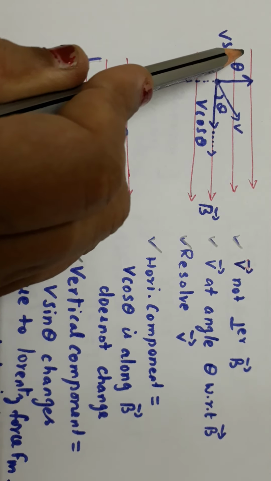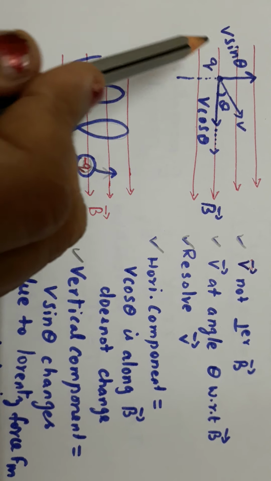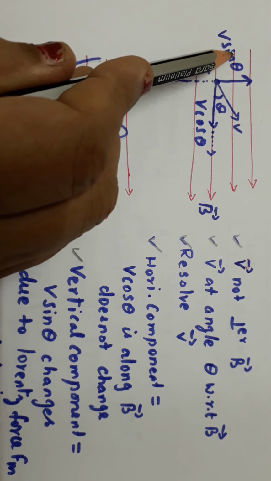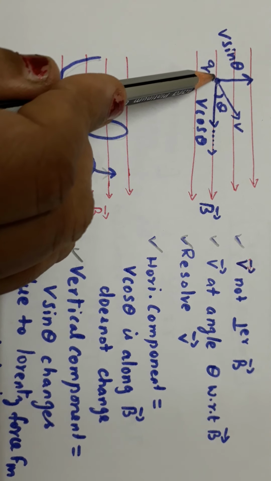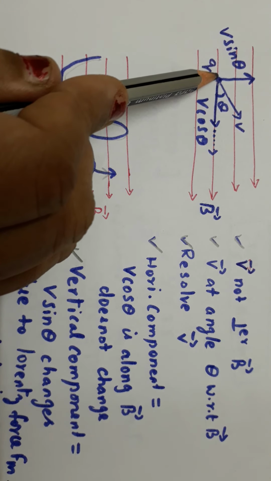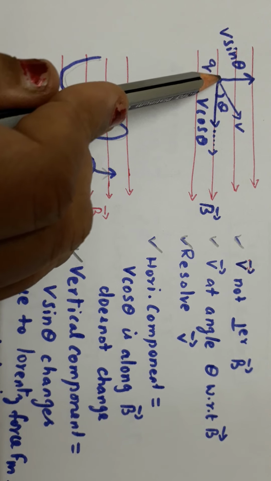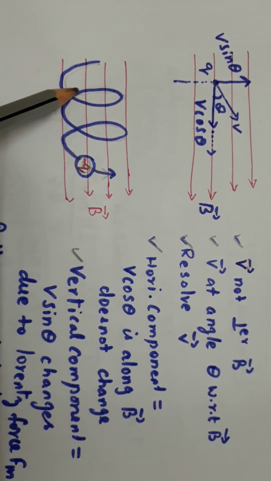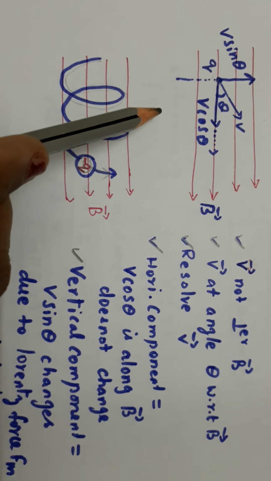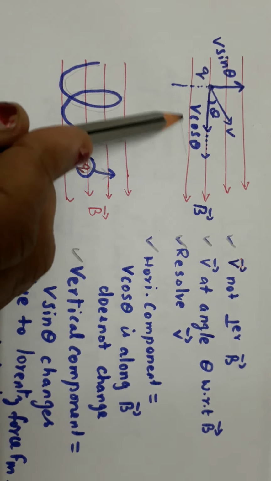Due to the Lorentz force, already we discussed that the particle moves in a circular path. So the V sin theta component is perpendicular to B. The charge will experience Lorentz force, and Lorentz force provides the centripetal force. So the particle moves in a circular path, right? What is the use of this component?